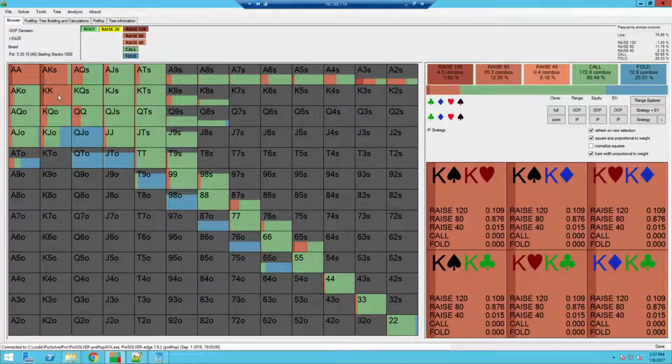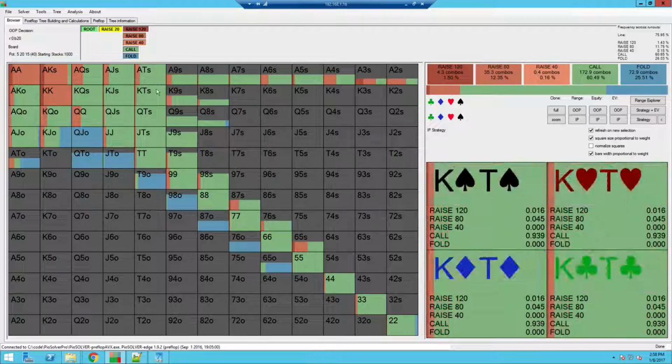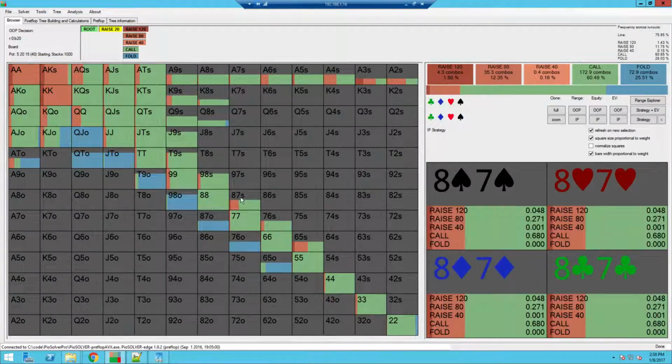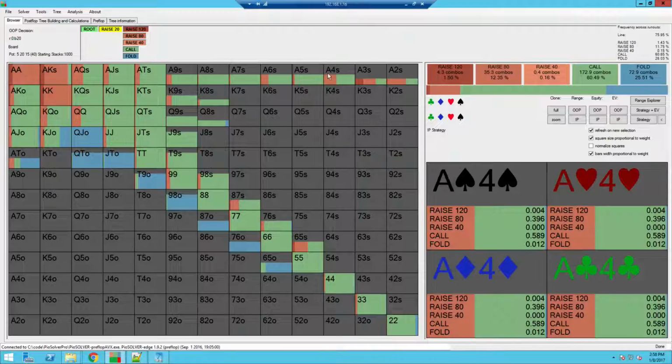The concept of balance is pretty common in poker, and I think that's what the tool is telling us here: you're going to want to balance with some good bluffs. So again, 8-7 suited and 6-5 suited are reasonable at a certain frequency, and then obviously your ace wheel combinations over here do that as well.